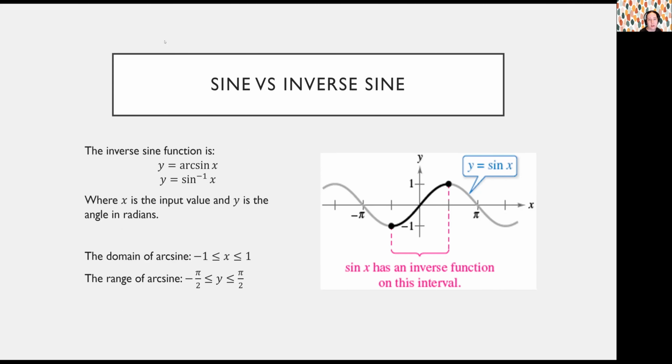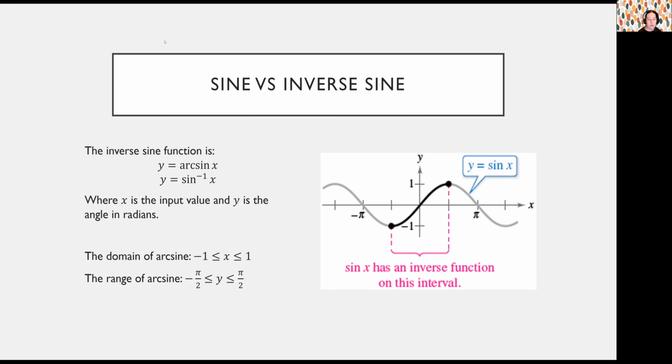So let's just look at the sine versus the inverse sine, or arc sine. We can either write it as literally arc sine of x or sine to the -1 of x. So x is your input value, and then your output is in radians. I've got the sine graph here. You can see it does not pass the horizontal line test.